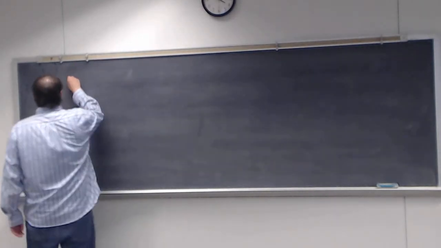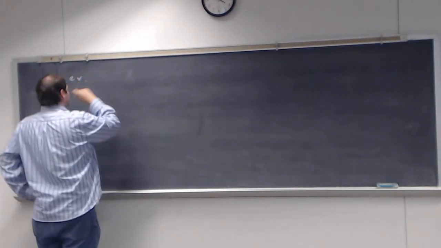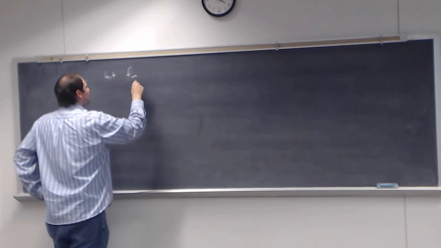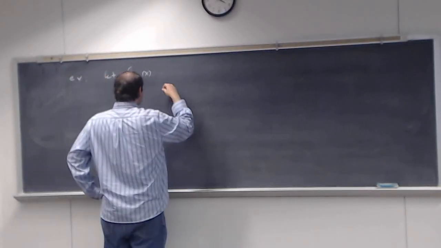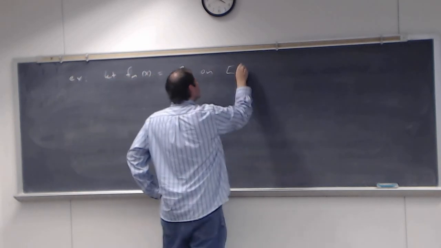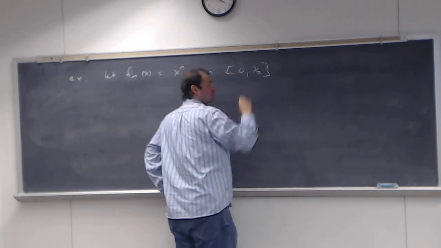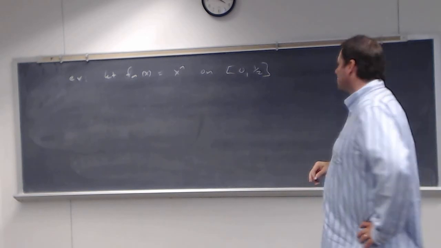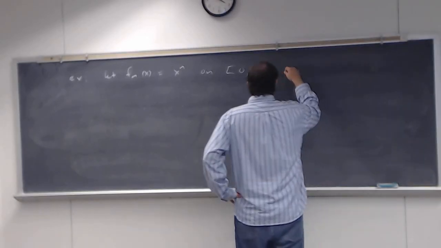So as an example, let f sub n of x be x to the n on, let's say, 0 to 1/2 in this way. Okay, not the 0 to 1, 0 to 1/2.